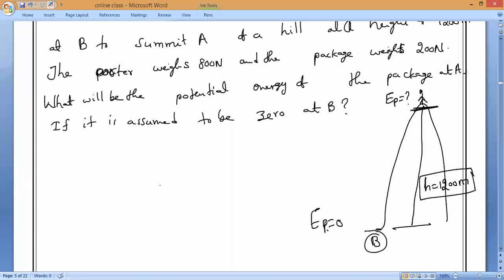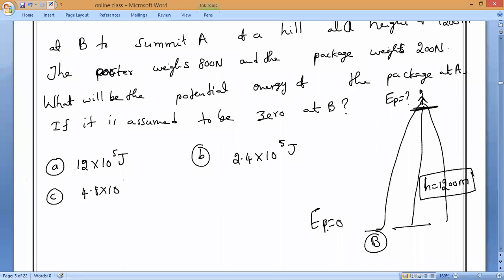So calculate it. That's all they are asking. Option A: 12 into 10 power 5 joules. Option B: 2.4 into 10 power 5 joules. Option C: 4.8 into 10 power 5 joules. Option D: none of these.